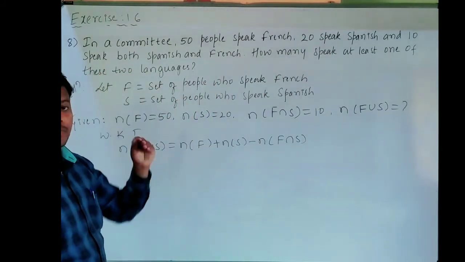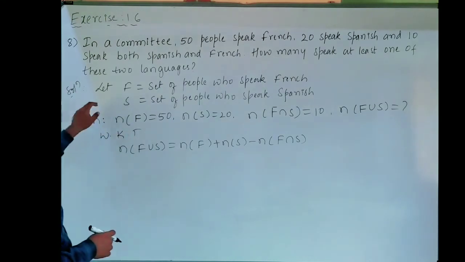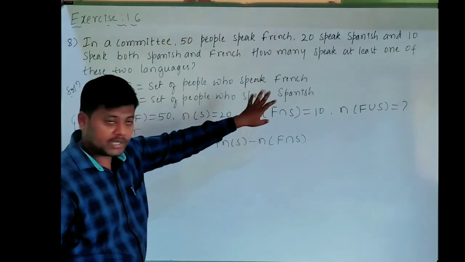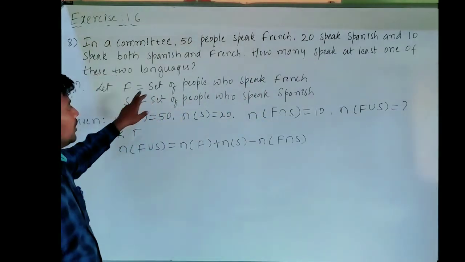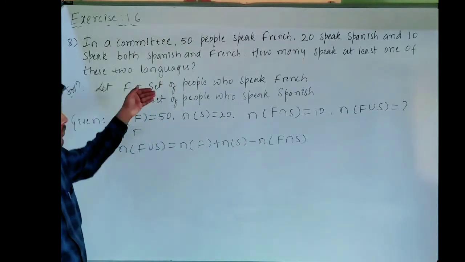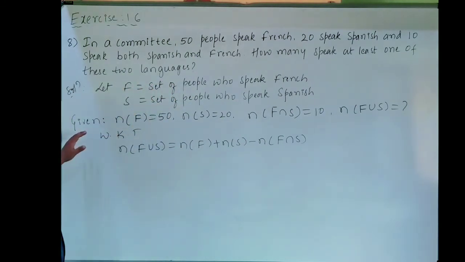If they ask how many people speak at least one language, let set F denote people who speak French and set S denote people who speak Spanish. So what are the given things?